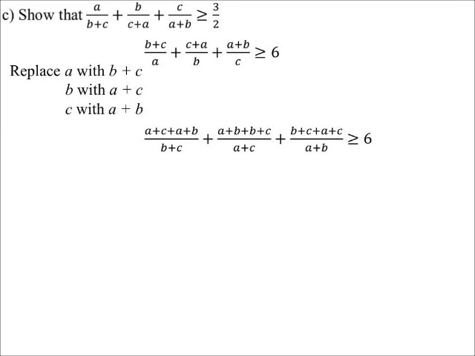Down here, how did I get from there to there? Well, the a was replaced with b plus c, the b was replaced with a plus c, and the c was replaced with a plus b. Voila.